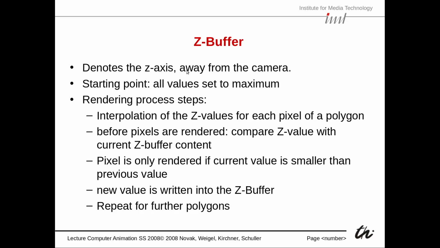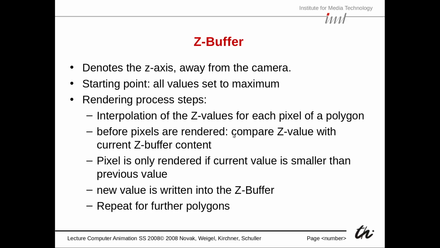Yeah, so for the occlusion we need the Z buffer. So this denotes the Z-axis, which is the axis that points away from the camera. And the starting point is that all values are set to a maximum. And then we have the rendering process steps. We have the interpolation of the Z values for each pixel of a polygon.